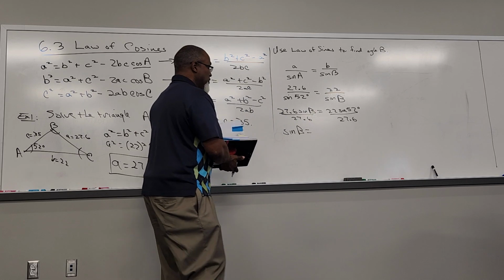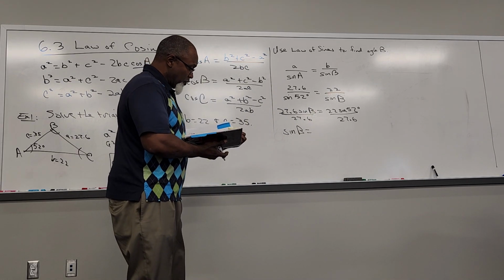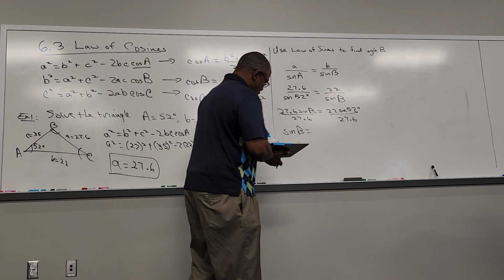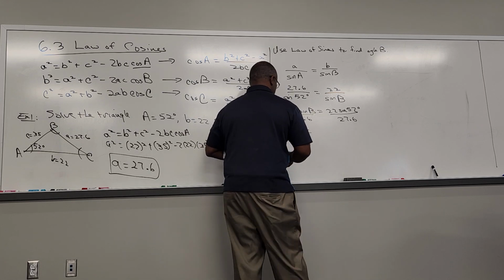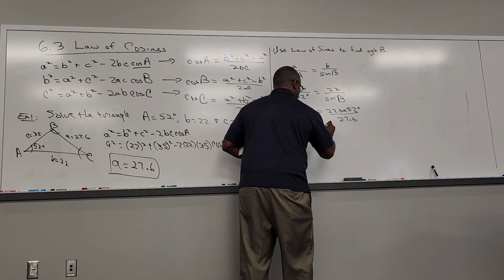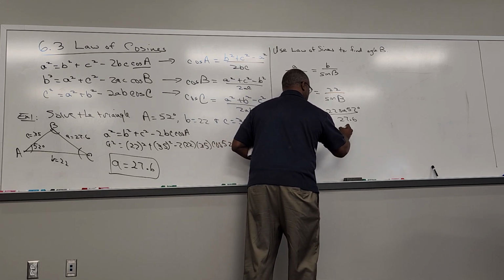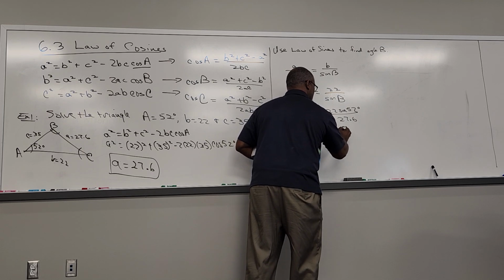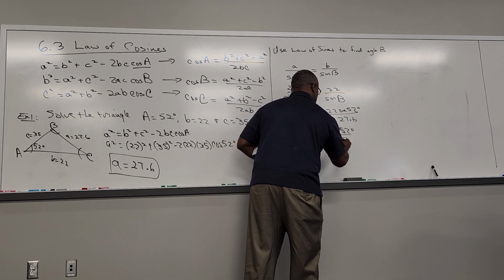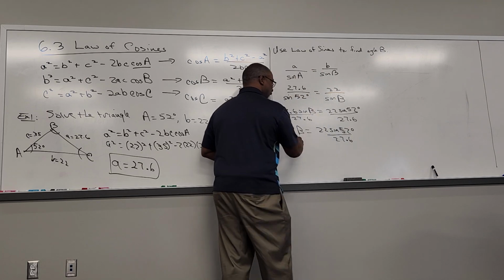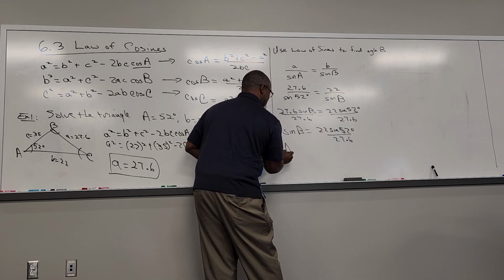Take your calculator, make sure your calculator is in degree mode, and we'll get 22 times the sine of 52 degrees over 27.6. And to get B, we'll take the sine inverse of that.